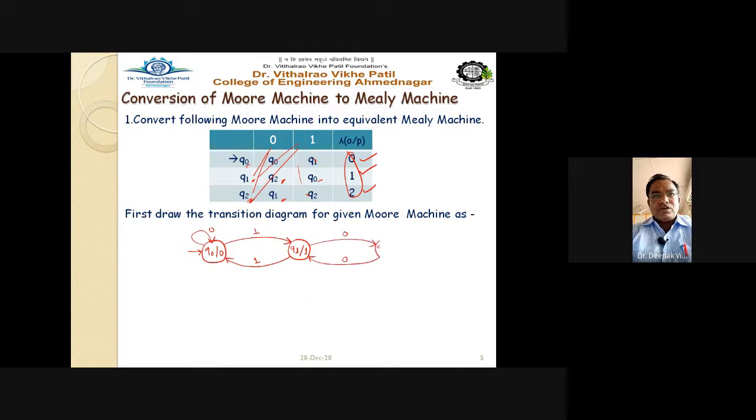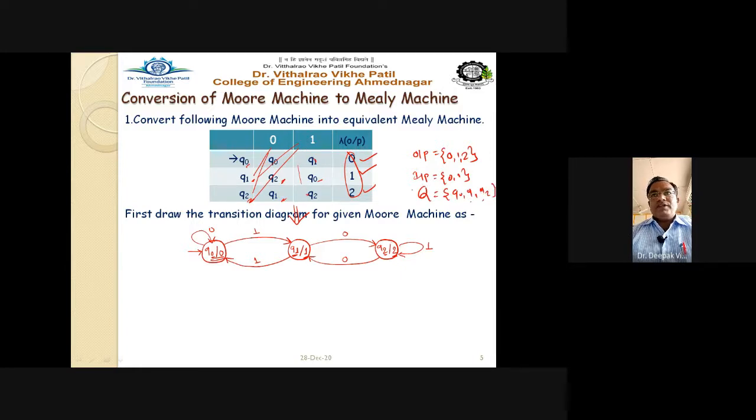So q0 output is 0, q1 output is 1, and q2 output is 2. How many input alphabets? Input alphabets are only 2, 0 and 1. What is the set Q? q0, q1, q2. Getting this point?